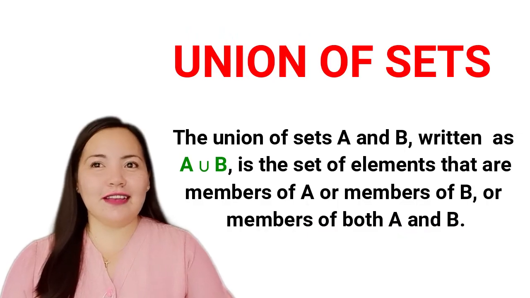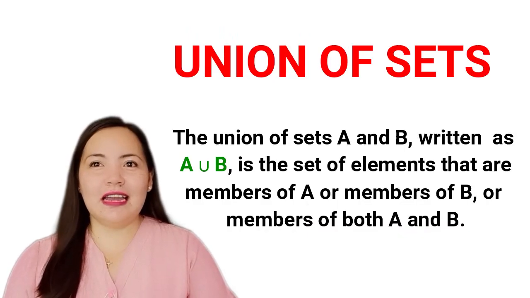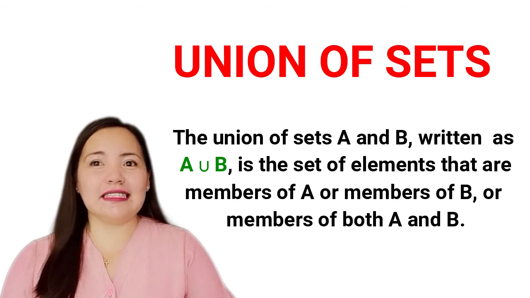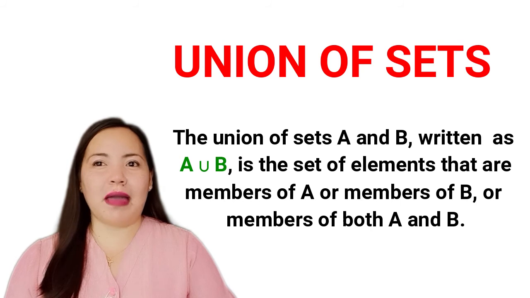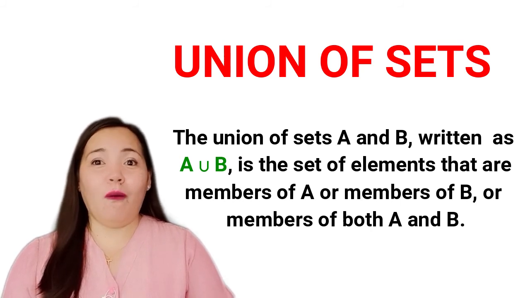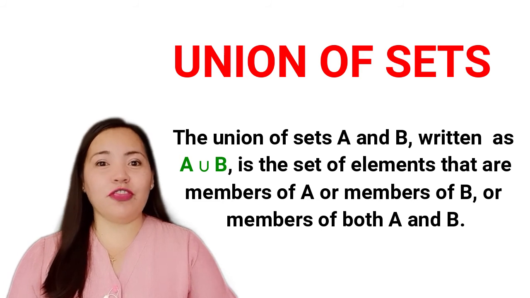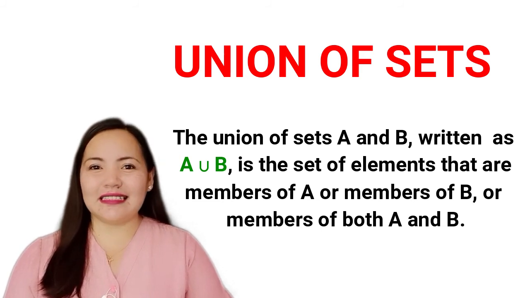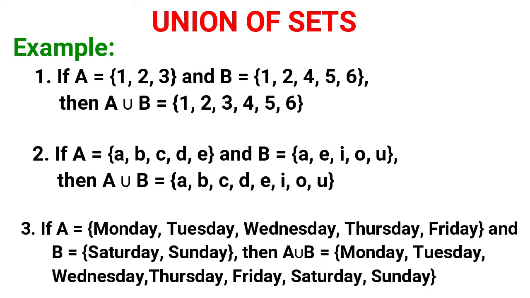The union of sets A and B, written as A union B, is the set of elements that are members of A or members of B, or members of both A and B. As you can see on the 3 examples, the union of the given sets is just the combination of the elements on the sets.